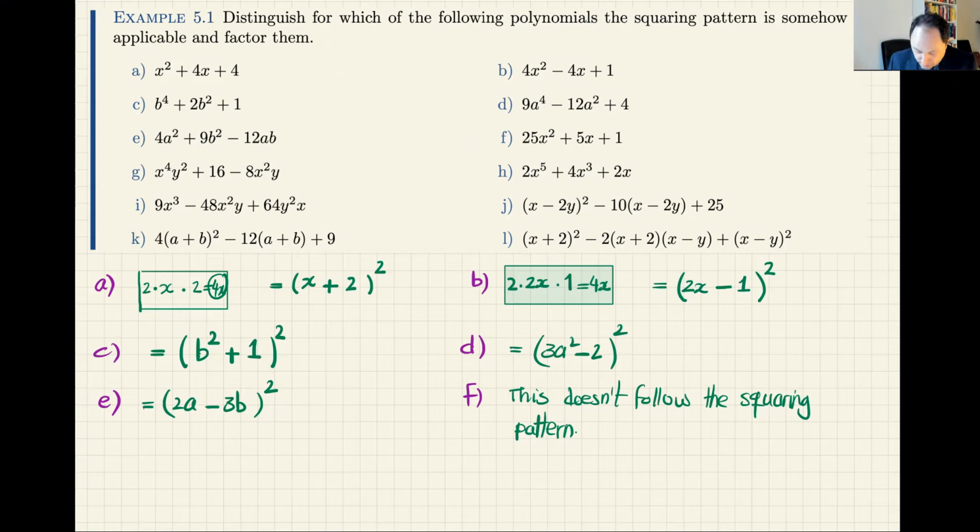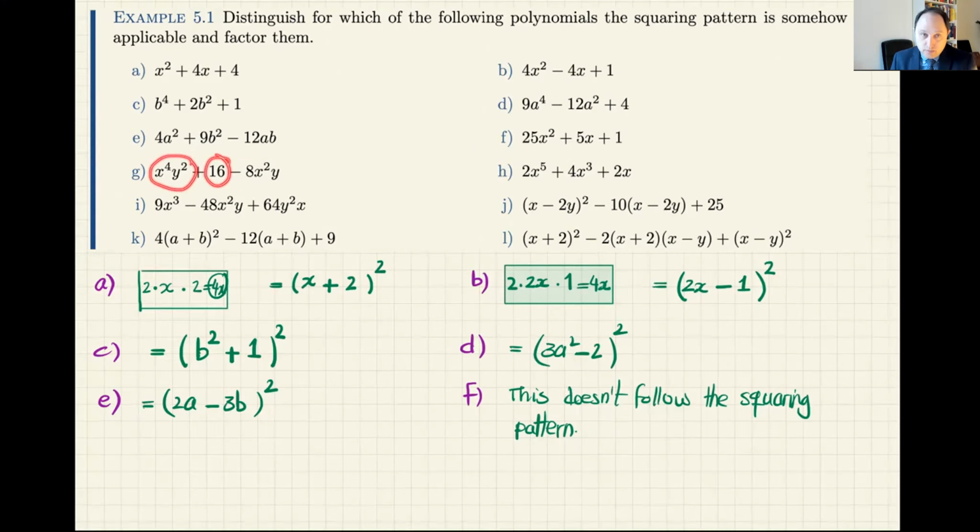These are actually a little bit nicer problems. So here, is this following the squaring pattern? What do you think? Well, yes, I think I managed to solve it, so yes. Yes, yes. Yeah, because why you get suspicious, because first you have 3 terms. 2 of them are complete squares, but this is not enough.